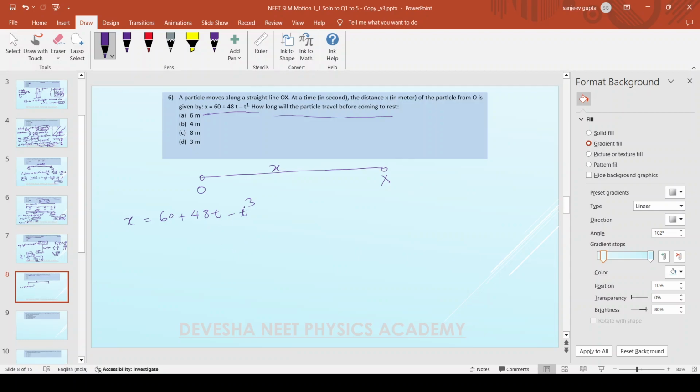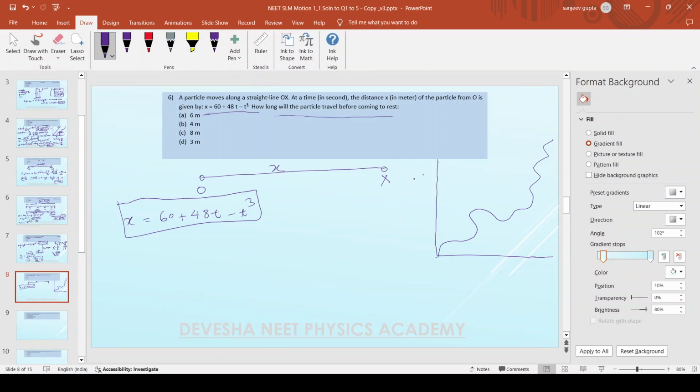So how do you find this out? Let's understand this. A body is traveling, so let's take a distance-time graph. Let's say hypothetically some graph is there.